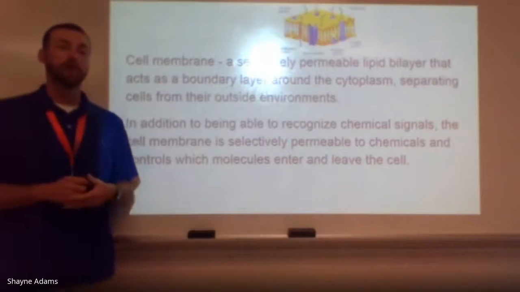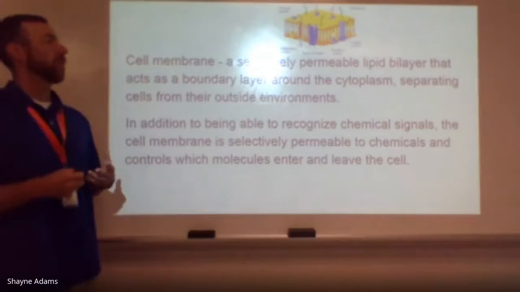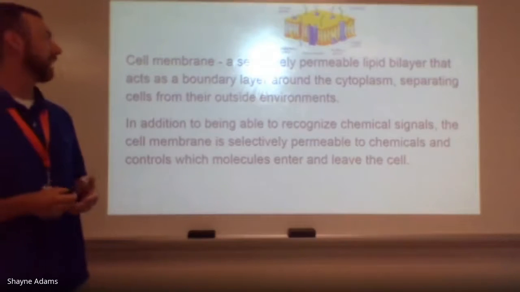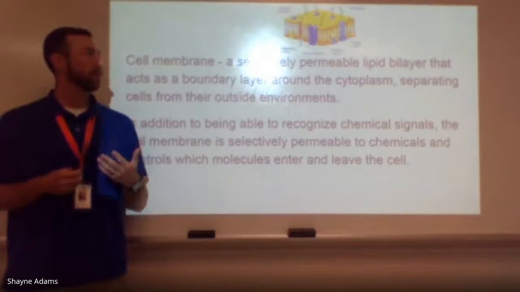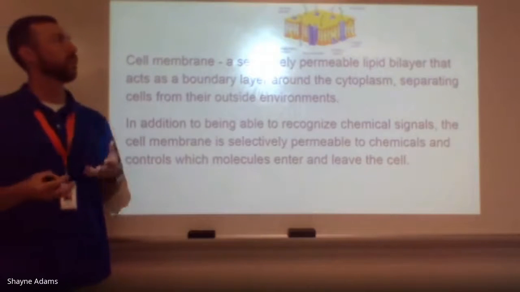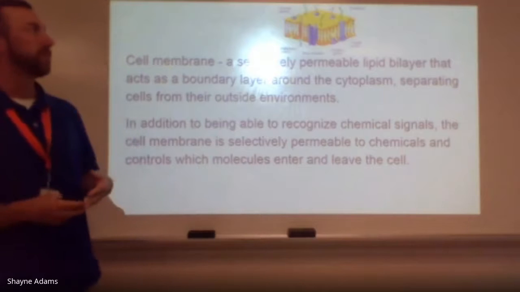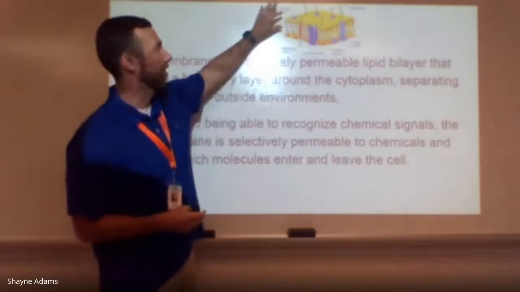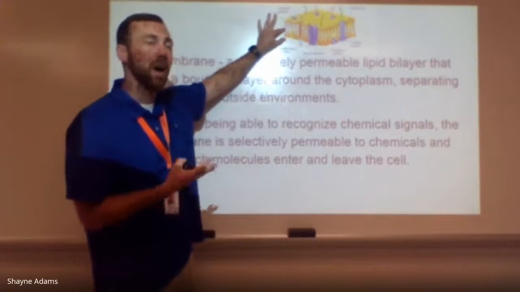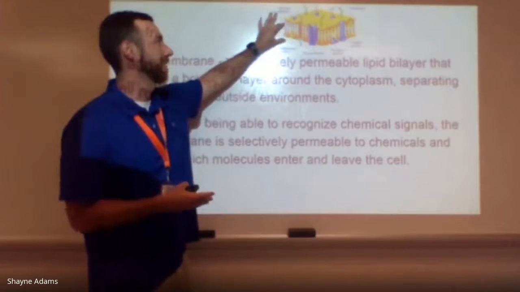The cell membrane. The cell membrane is what we call a selectively permeable lipid bilayer that acts as a boundary layer around the cytoplasm. It separates the cell from the outside environment. In this picture up here at the top, you can see there's a layer of lipids, and there's also a layer at the bottom of lipids. All right, so it's a lipid bilayer.